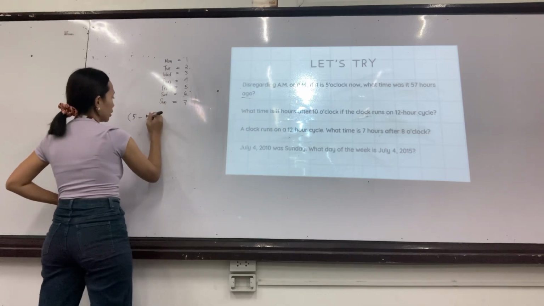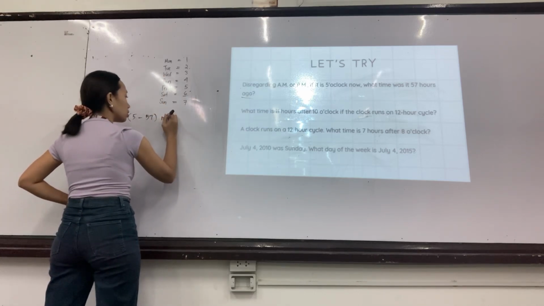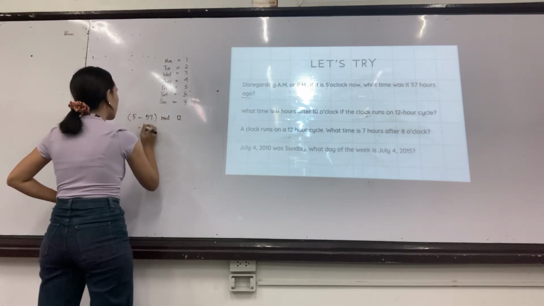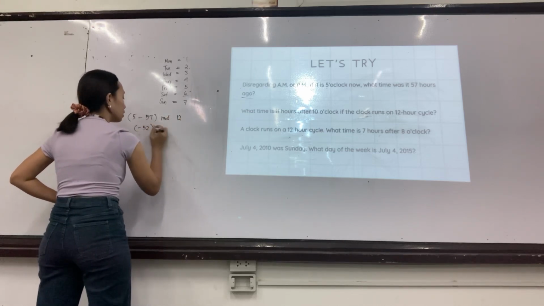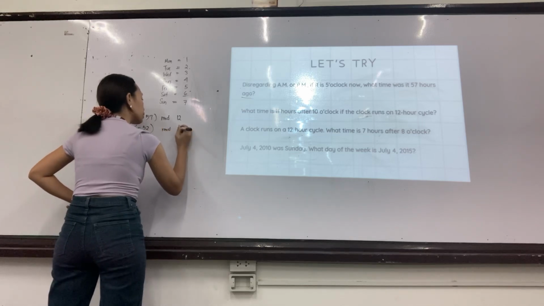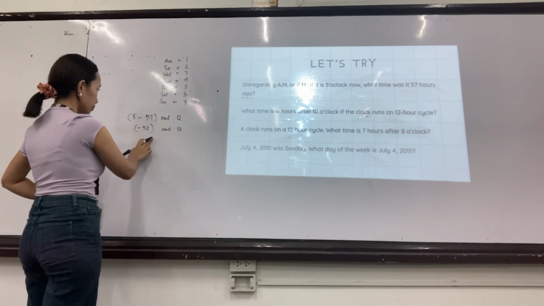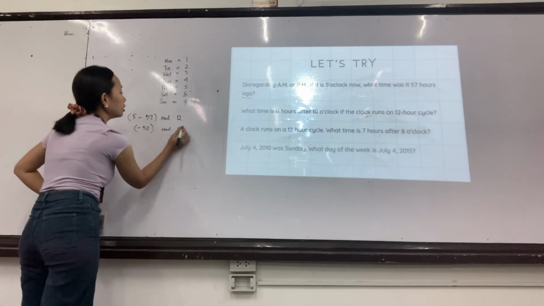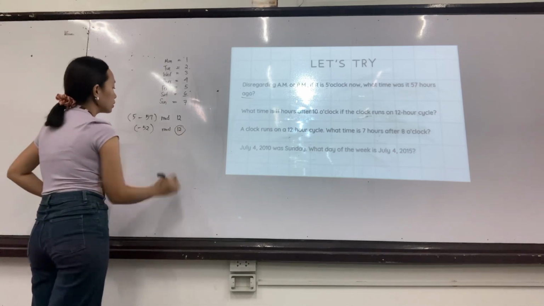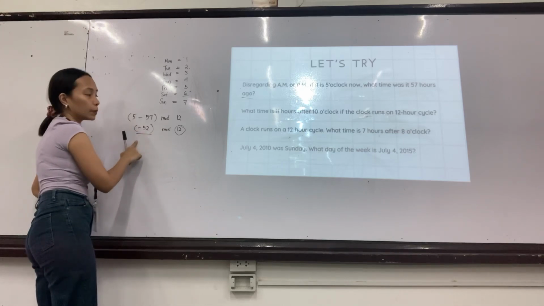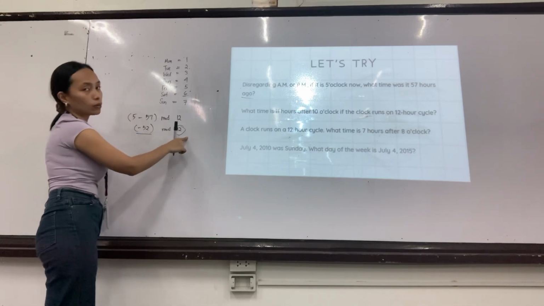So 5 minus 57 is equal to negative 52 modulo 12. So we just have to look for multiples of the modulo value, 12, so that we can come up with a positive number that is less than or equal to 12.